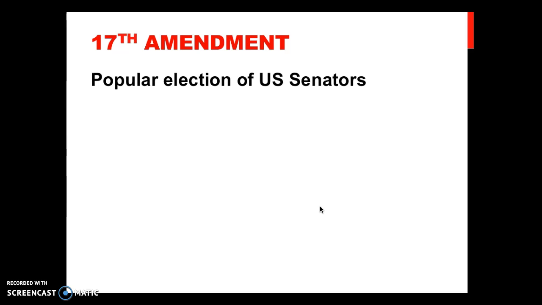17th Amendment. We didn't talk about this a whole lot with Article 1, but the way it used to work was our state legislatures would actually elect the 2 U.S. senators for our state. So our representatives in Springfield actually used to elect our 2 U.S. senators. That all changed with the 17th Amendment, where the people got to elect their own senators.